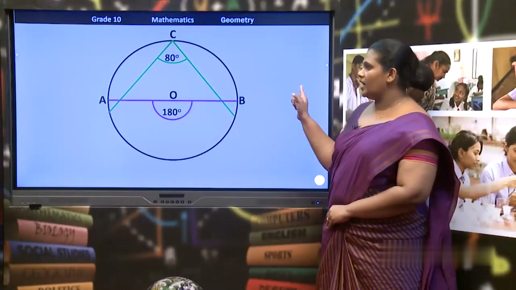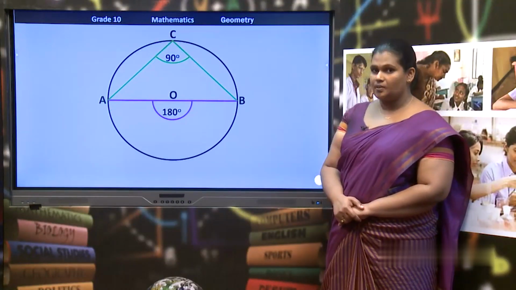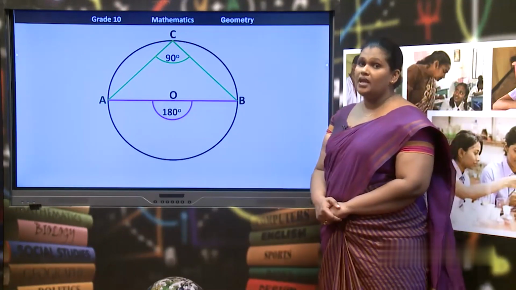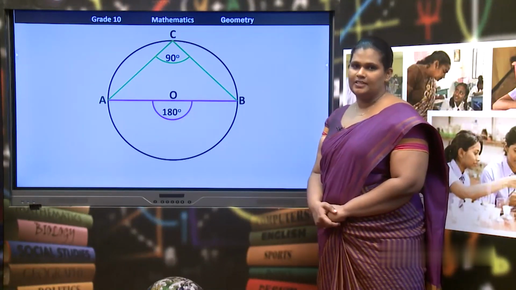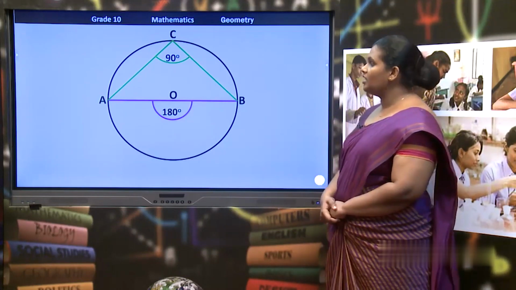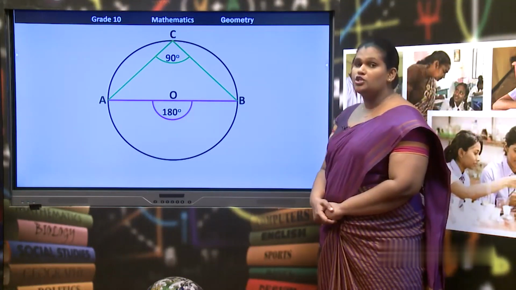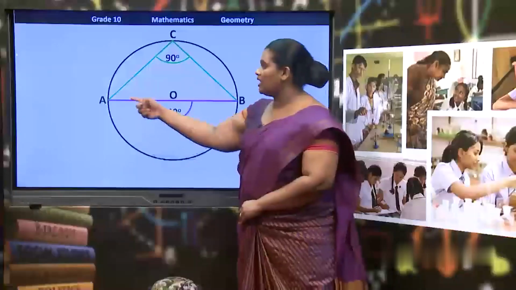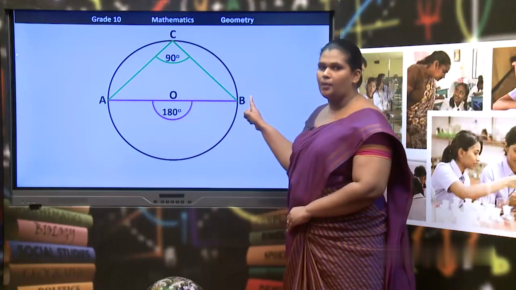Now, what can you say about the angle subtended by the same arc AB at the remaining part of the circle? Now, here I have got ACB, it should be half of the angle AOB. So, that is 180 degrees divided by 2, that is 90 degrees. Here I have considered this arc AB.